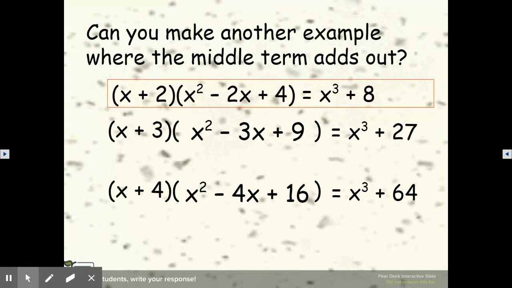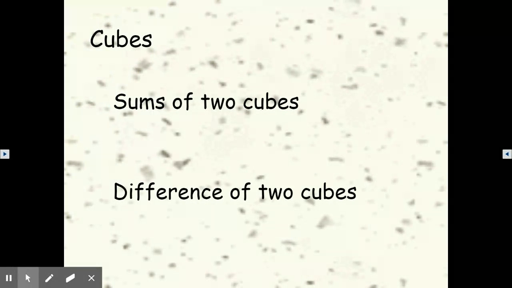So these are special binomials called difference or sums of cubes, because the middle term is a plus, and the first and last are perfect cubes. X cubed is a perfect cube, and 8 is 2 times 2 times 2, or 27 is 3 cubed, and 64 is 4 cubed, or 4 times 16, 16 being 4 squared, right? So if we were to make a pattern for this, it would look like this.